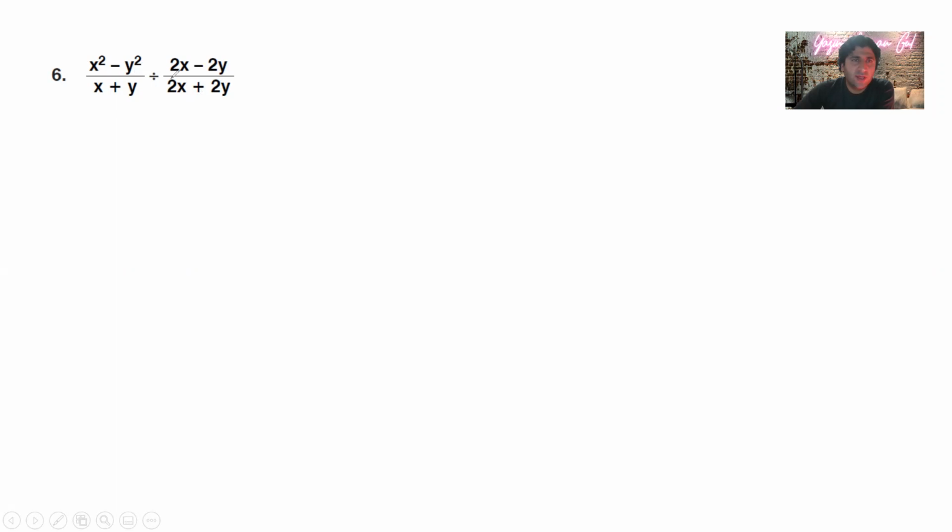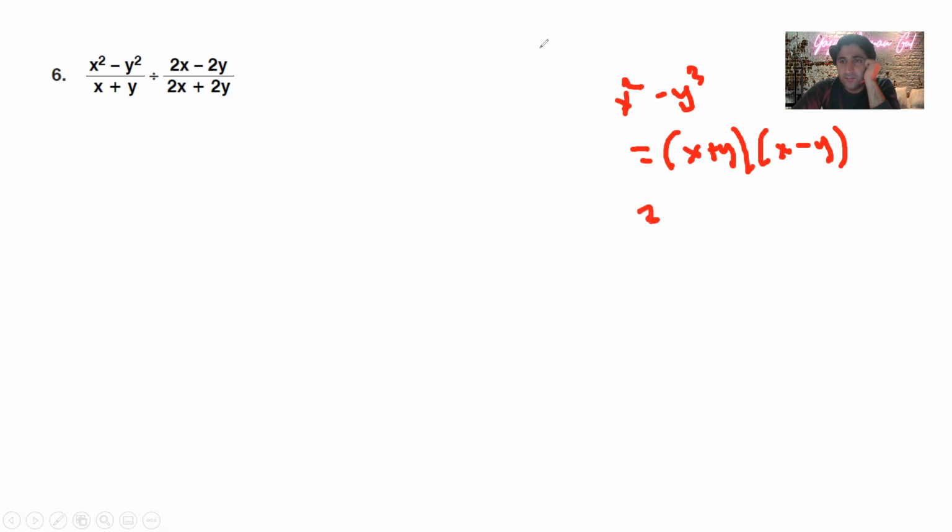But before I write, I just want to write all the rules that I see here. x squared minus y squared equals, because that is a difference of two squares, x plus y times x minus y.